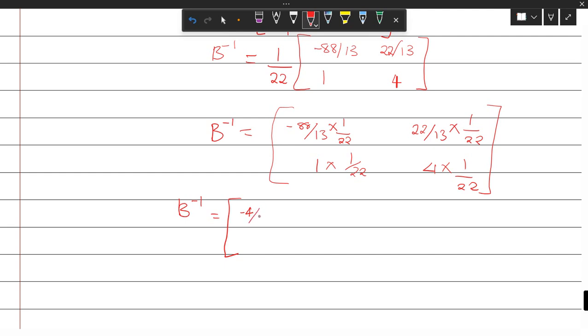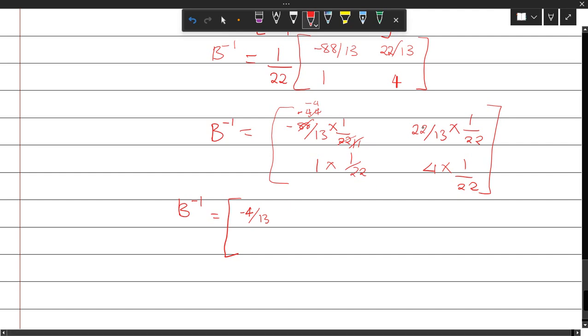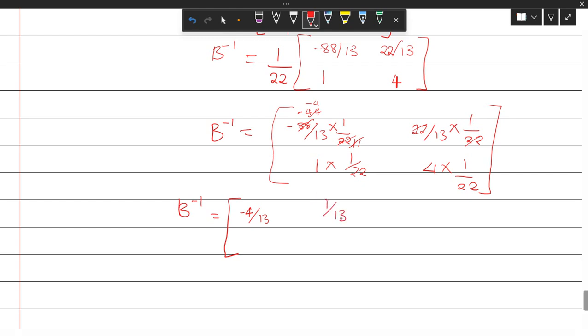So 4 over 13. It's the same as, 2 here it will be 11, 2 here it will be negative 44. So 11 here, 1, 11 here, negative 4. So it will be negative 4 over 13. Then here 22 and 22 will cancel, so we'll have 1 over 13.